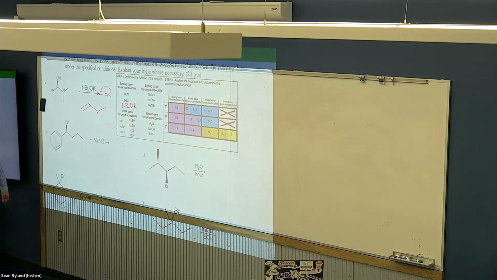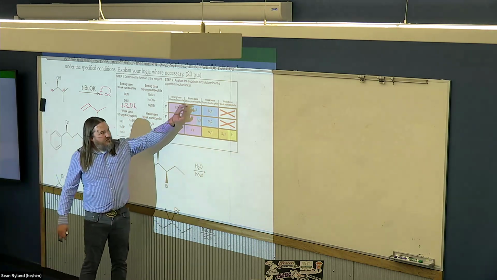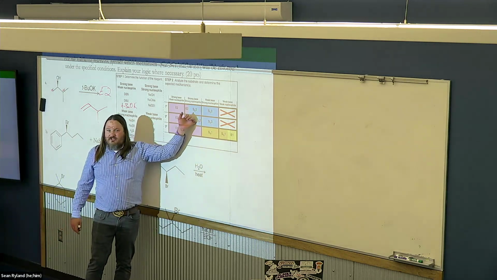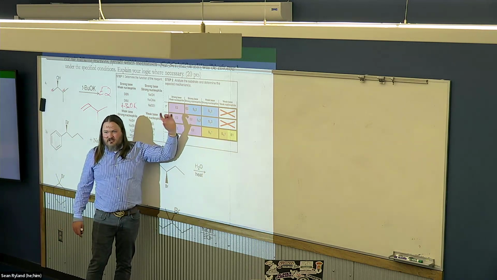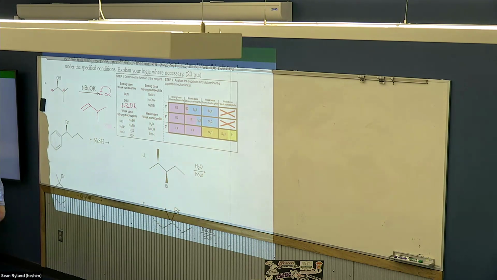But even that's the sort of thing that I expect you to understand, to be able to recall why this is, but especially for these split cases, these middle of the road cases, I would go back and double check this too. Because there is some wiggle room on it, so it's not like it's definitely E2 or definitely SN2.